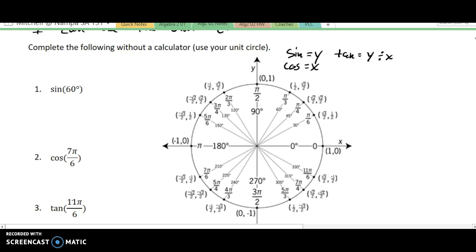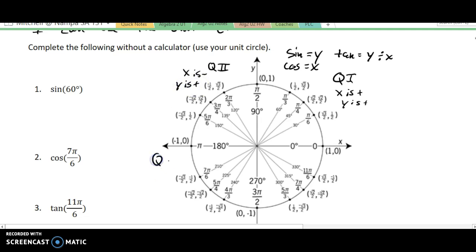So there's also a few more things to note. This is a coordinate system, and so this is quadrant 1. In quadrant 1, x is positive and y is positive. In quadrant 2, x is negative, y is positive.